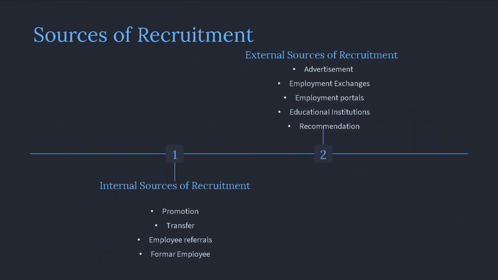Now, the sources of recruitment. There are basically two sources of recruitment, internal and external. Internal sources are those within the boundaries of the organization, like promotion, transfer, employee referrals, and former employees. External is going outside the organization, meaning you are searching for people from outside who are not part of the organization, and for which you are advertising.